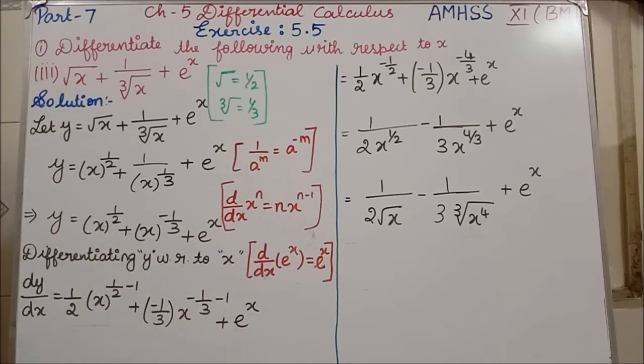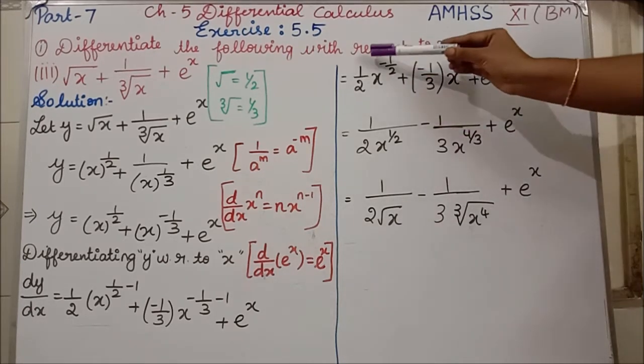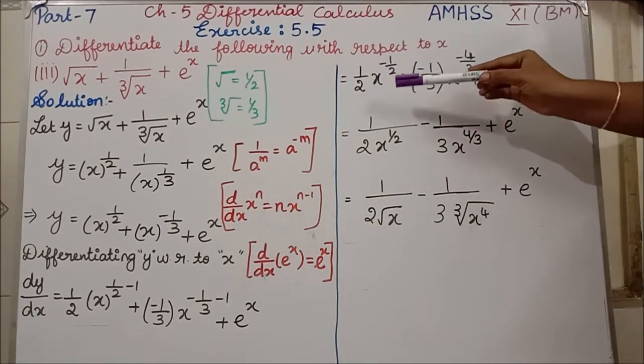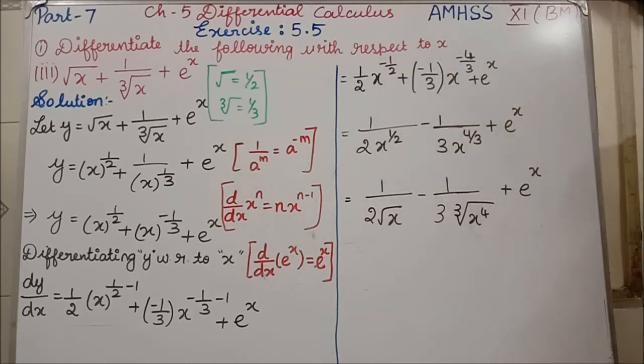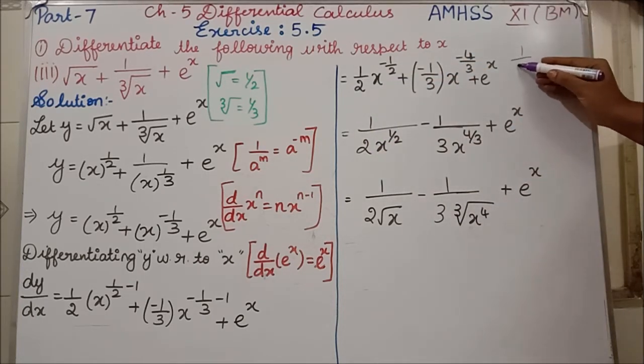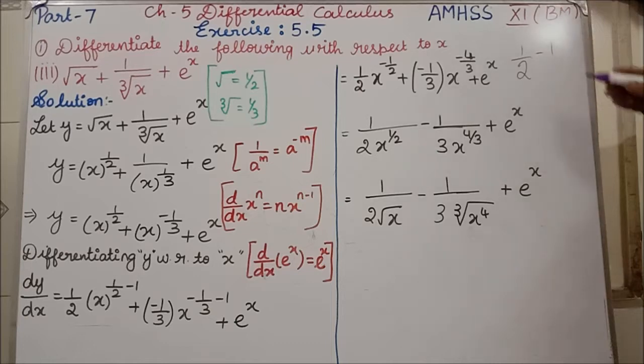Here we have differentiated. The next step, we are simplifying on that side. 1 by 2 we have written as such, and here also 1 by 2, x power 1 by 2 minus 1, isn't it? Is there a denominator here? No denominator, considered as 1.